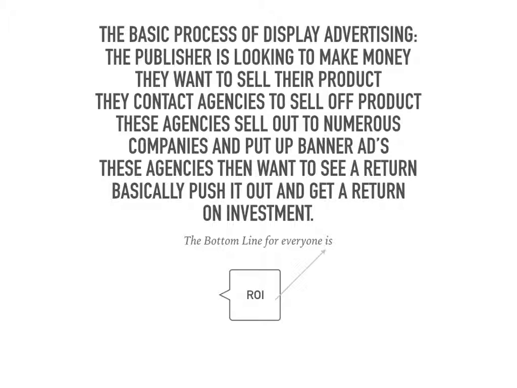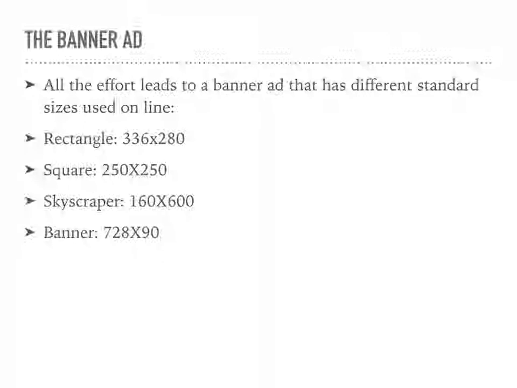Now, banner ads are the key to all of this, and banner ads are now somewhat regulated in size by what they want on the internet currently, and the IAB does that. So basically, there are four basic sizes they're looking at now.